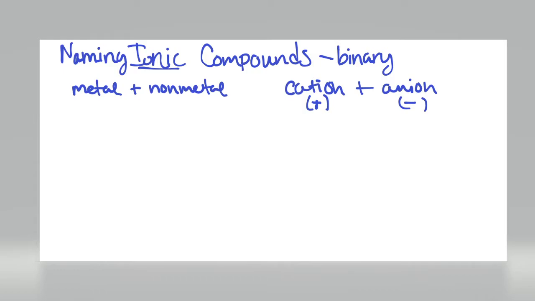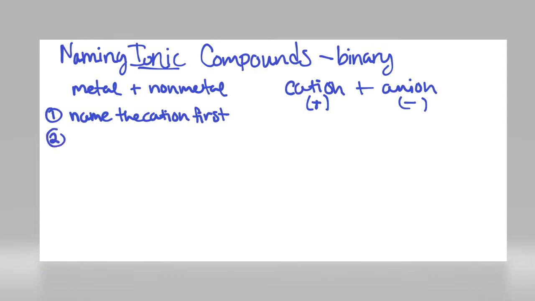So kind of your 2 basic rules that we can start out with regarding naming when you see a formula: the first is that you name the cation first. And we'll get to some examples in a moment.